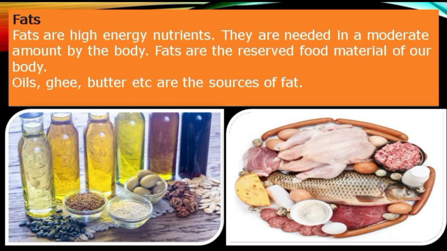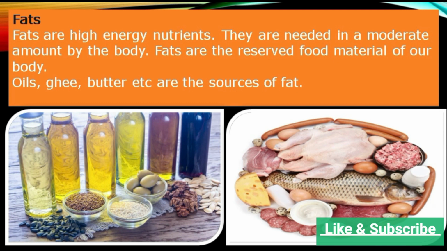Now, the third major nutrient that is essential for our diet is fats. Students, fats also provide energy to our body, and fat gives more energy as compared to carbohydrate. Hence, fats and carbohydrate both are called energy giving nutrients.